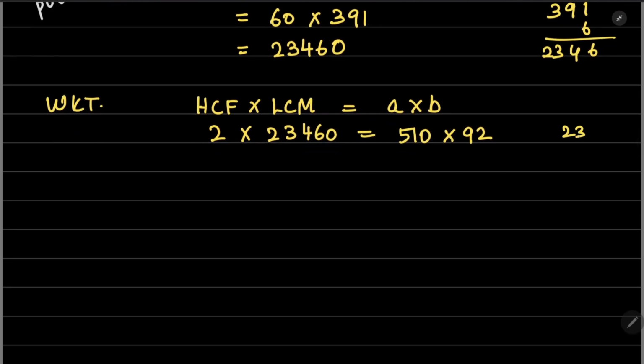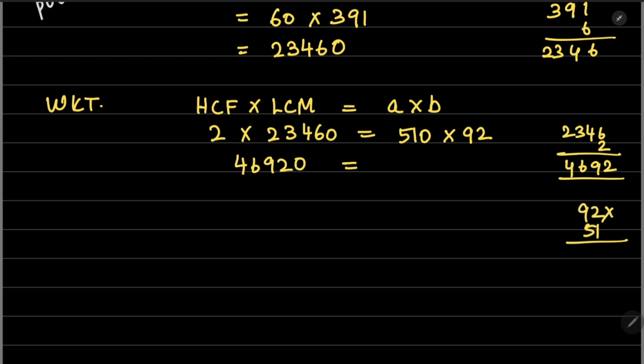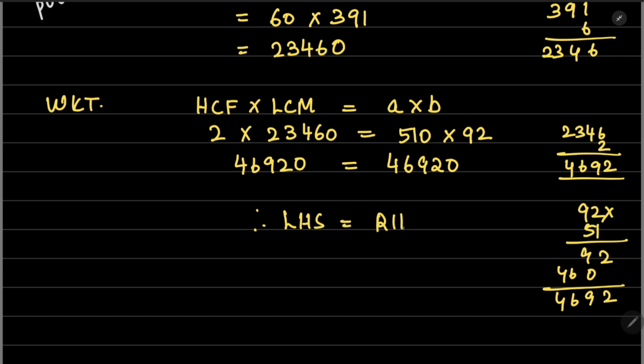What is 2, 3, 4, 6 multiplied by 2? So you're getting 4, 6, 9, 2 and a 0 here. Again, do 92 multiplied by 51. I'll multiply and I'll add a 0. Again, 4, 6, 9, 2 and a 0. So therefore, you will write LHS is equal to RHS, hence verified.